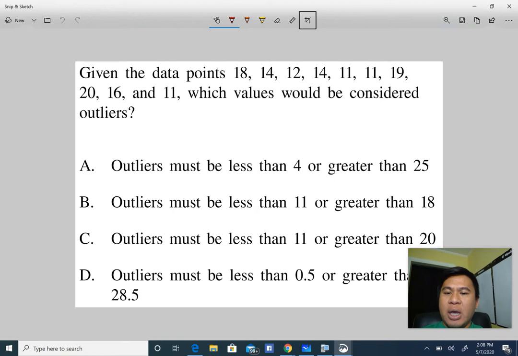In this case, we're going to consider first its box plot. We can consider its box plot using either Desmos or our TI-84 calculator. In this case, let us use our TI-84 calculator first.